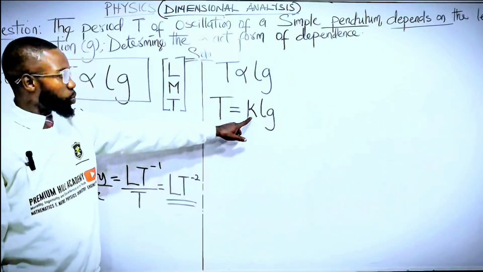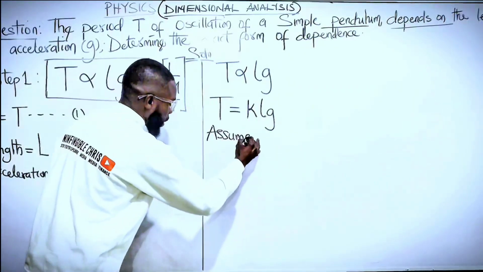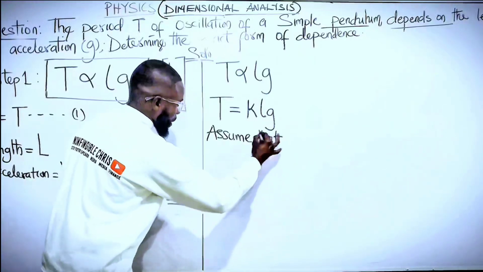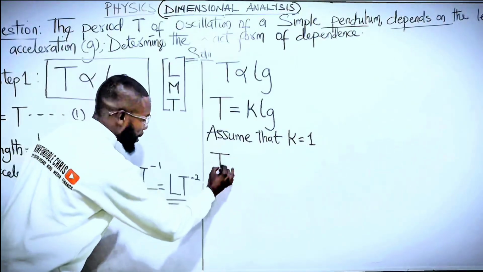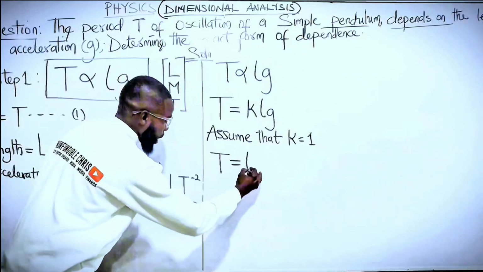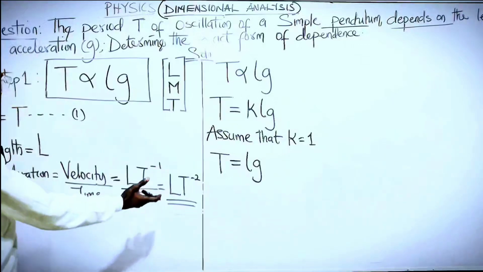But then let's assume that K is equal to 1. So our T is going to be equal to Lg, right? All of these are for step 1.